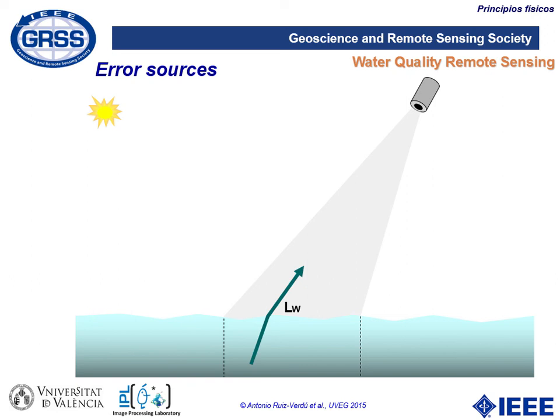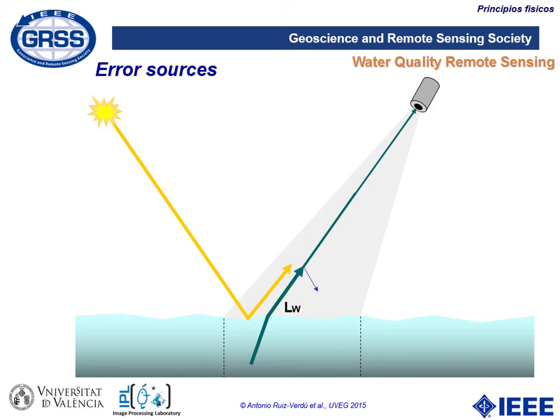That means the radiance that is going out from the water with the information of the OCs, which is propagated through the atmosphere and is attenuated both by the absorption and scattering of atmospheric particles.